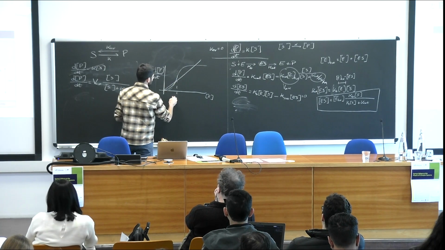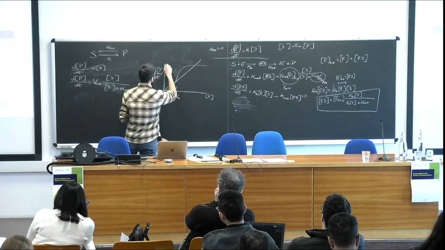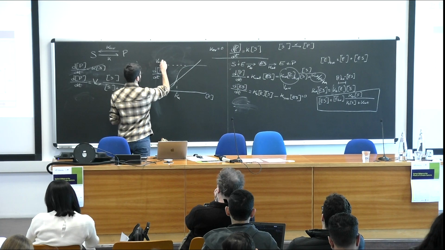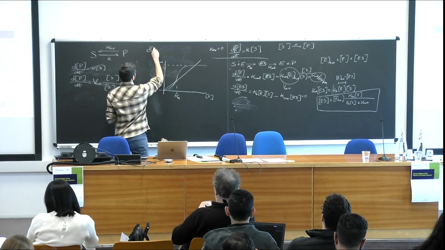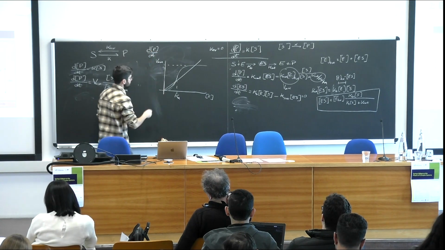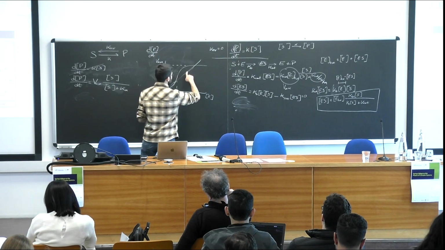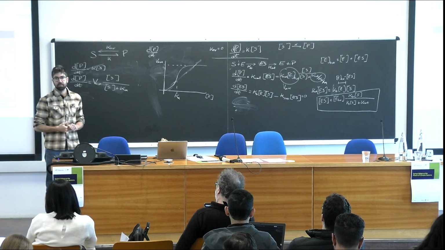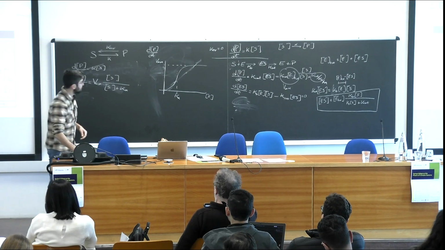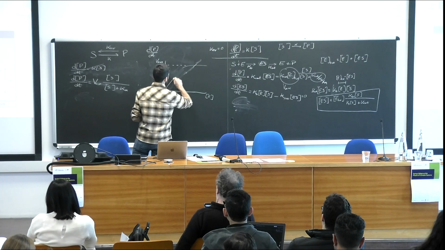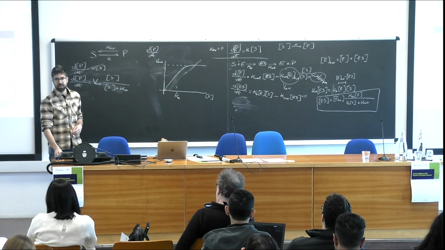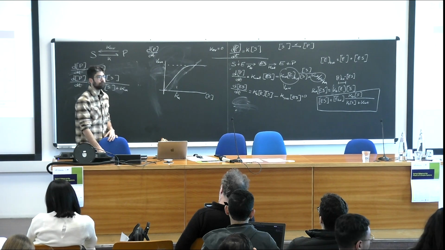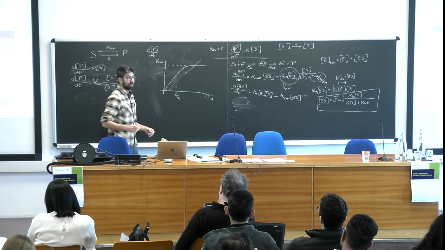And this value here is Km, and this value here is V max. Okay? Now, why is this more interesting than before? Yes, because it saturates at some point.